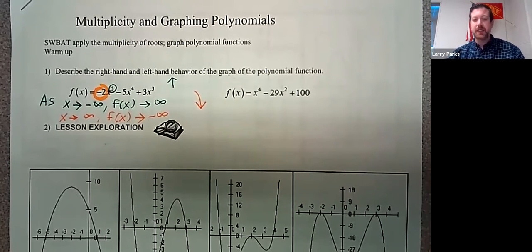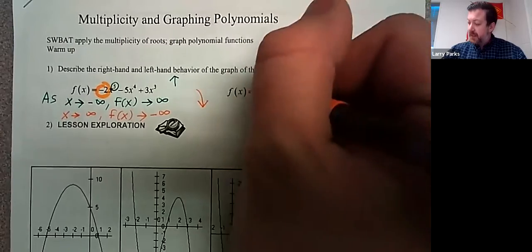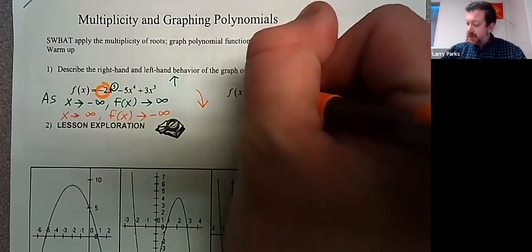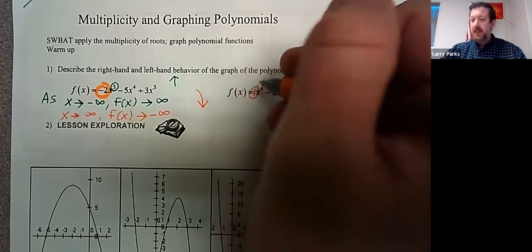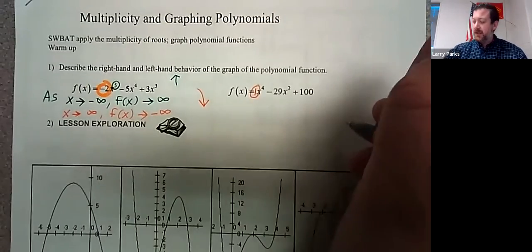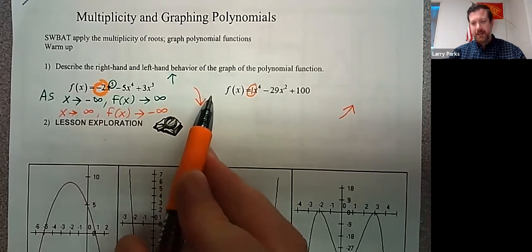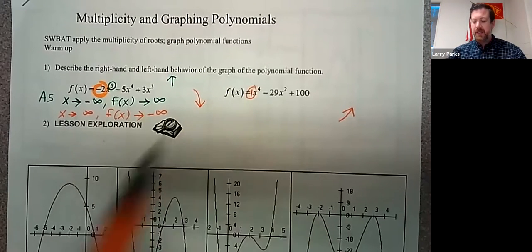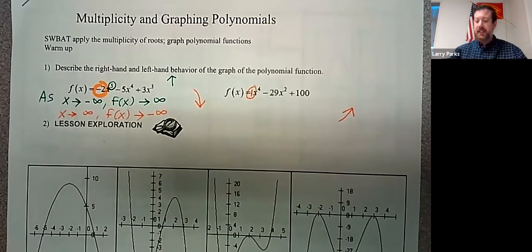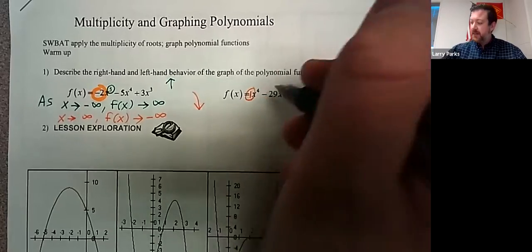Okay, the next one, I look and I say my leading coefficient is positive 1. If it's positive, it opens up on the right. If it's negative, it opens down on the right. Then you look at your degree, and the degree is even.